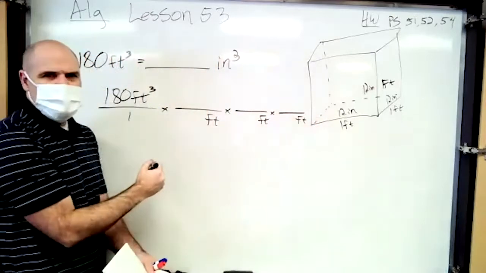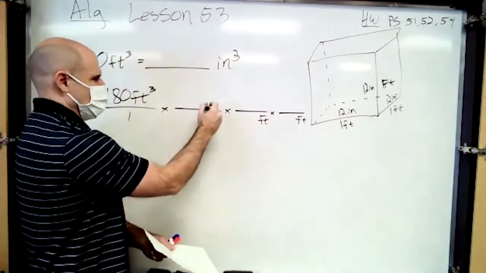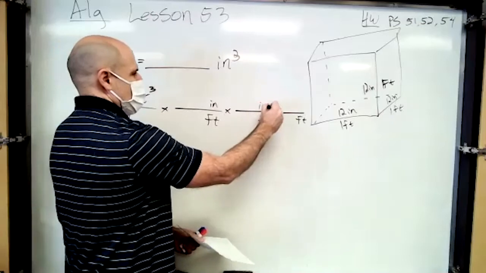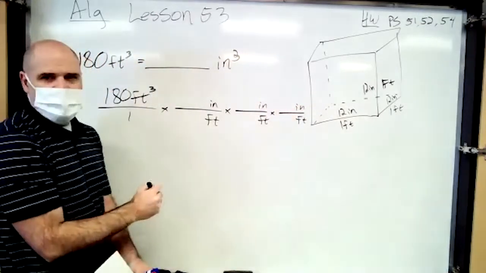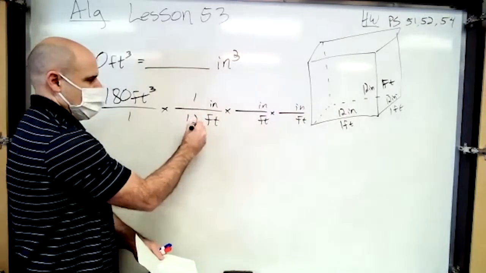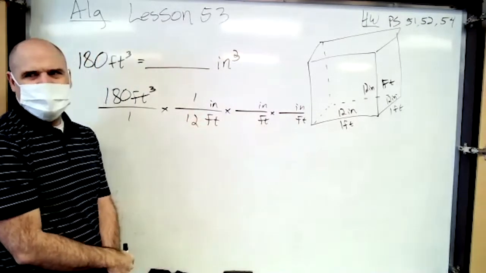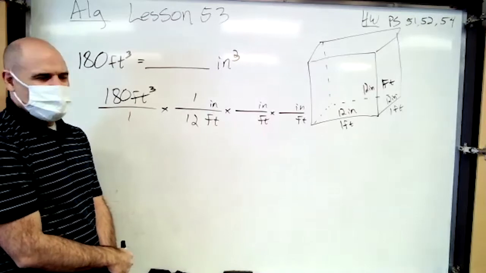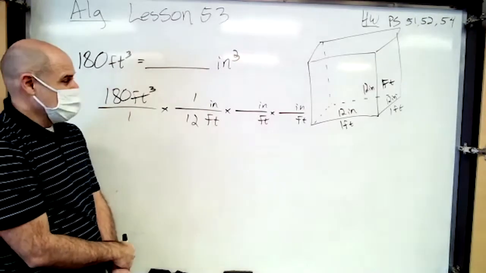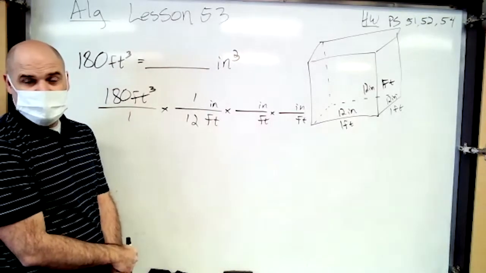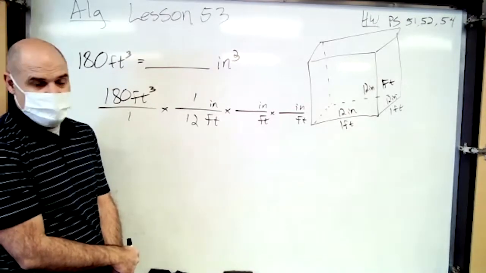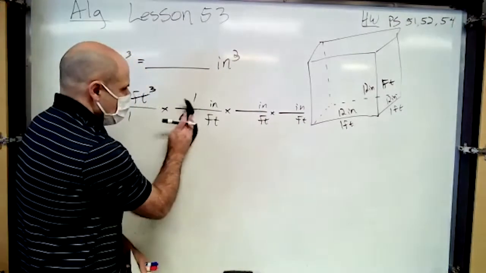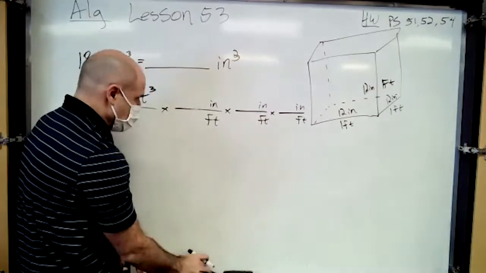What's the conversion factor with feet and inches? Now, some of you on your test did this. You see what's wrong with that? 1 inch does not equal 12 feet. 12 feet is like twice the size of me, and that's not the same thing as 1 inch. So make sure you put the numbers in the right place.